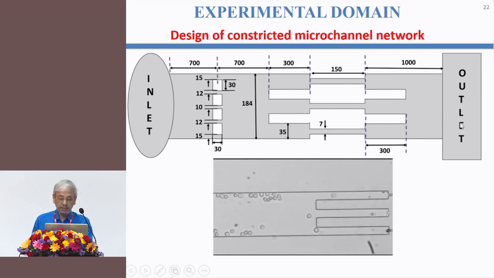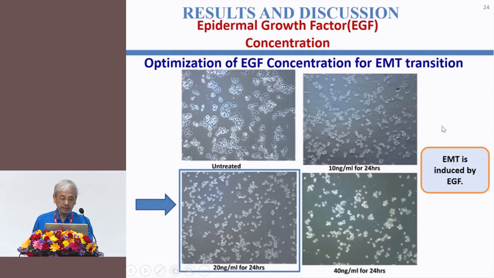So this is the total journey, and in this process we tried to understand the EMT transition, epithelial to mesenchymal transition, and we used EGF for this, epidermal growth factor. What it does is accelerate this transition.